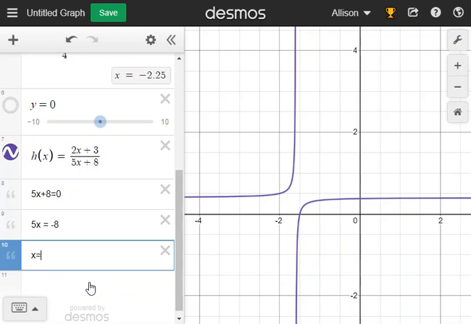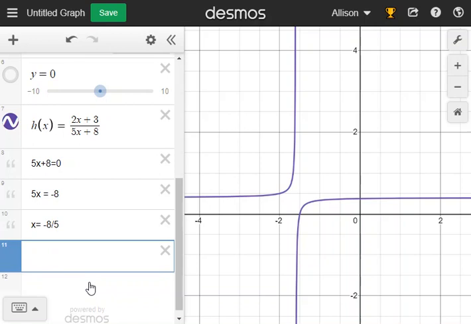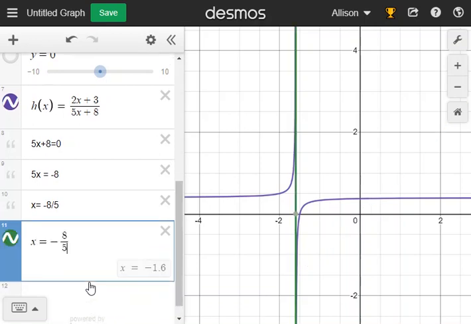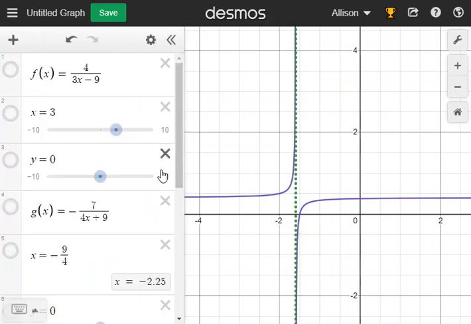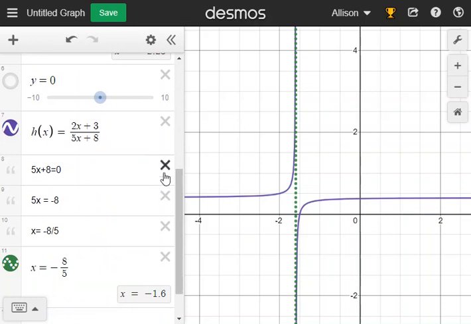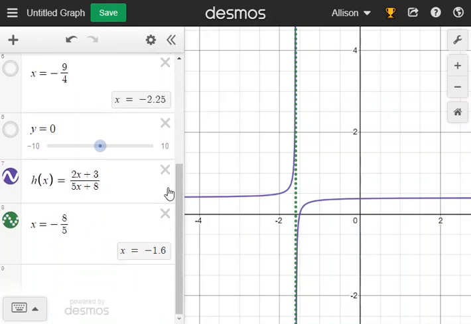That would give me x equals negative 8 divided by 5. So x equals negative 8 fifths is going to be our vertical asymptote here. So denominator equals 0 is the way of determining where the vertical asymptote is going to be.